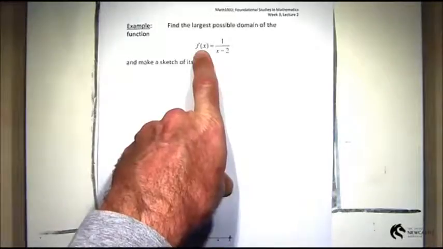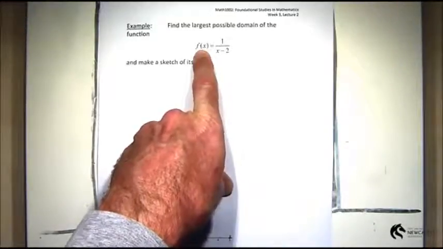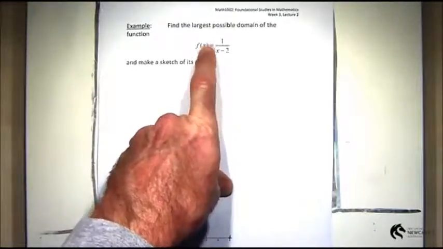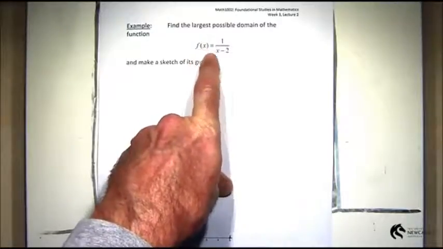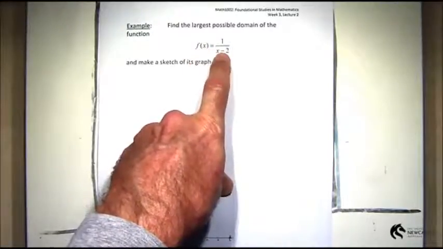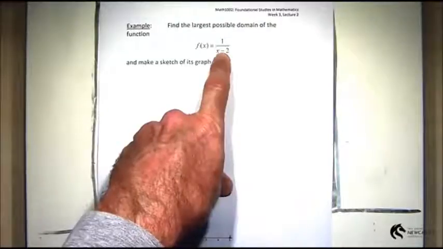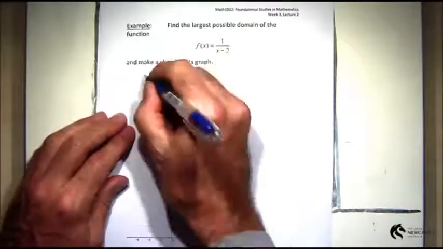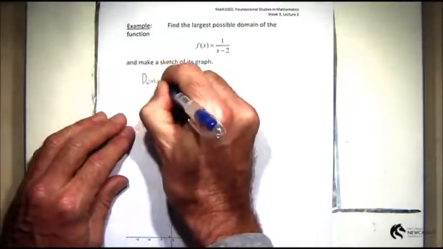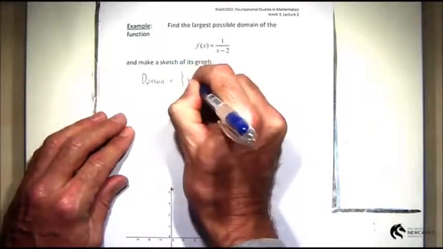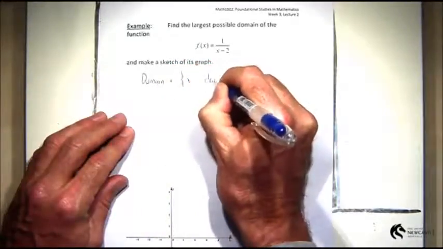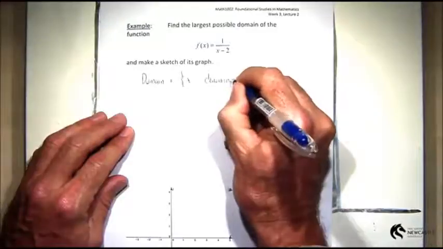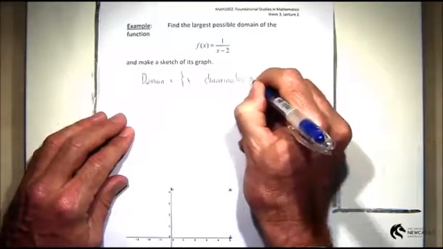And in here, I can calculate f so long as the denominator is not 0, because I can't divide by 0. That's an undefined operation. So my domain in here will be the set of x values such that the denominator is not 0.